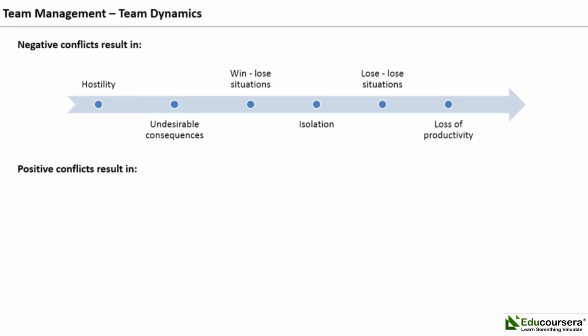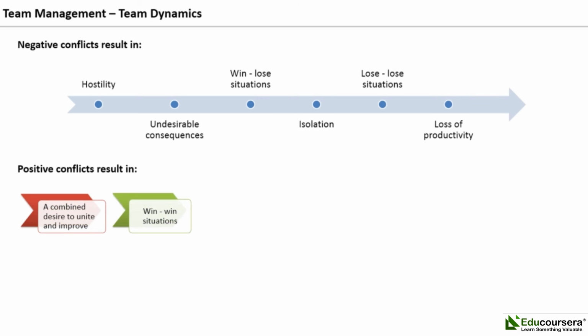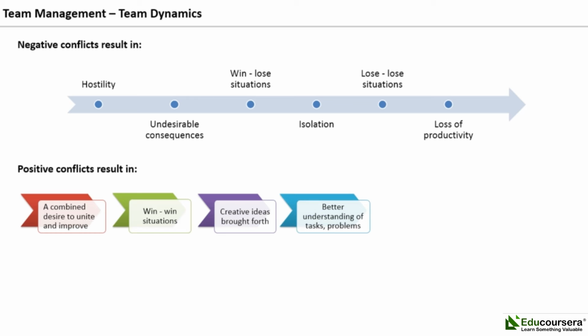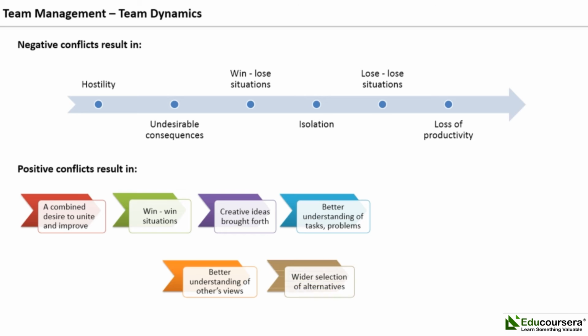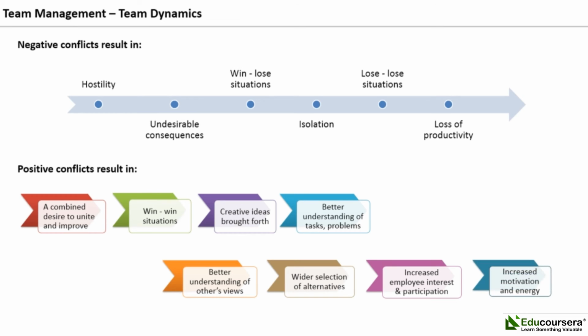Positive conflicts result in a combined desire to unite and improve, win-win situations, creative ideas brought forth, better understanding of tasks, problems, better understanding of others' views, wider selection of alternatives, increased employee interest and participation, increased motivation and energy.